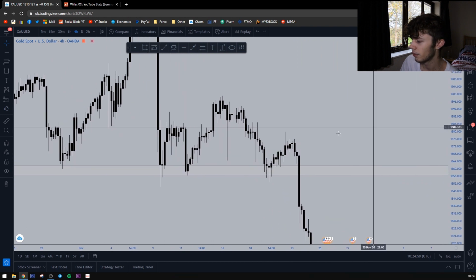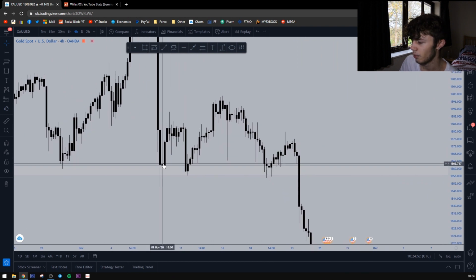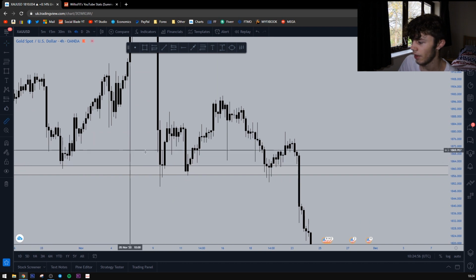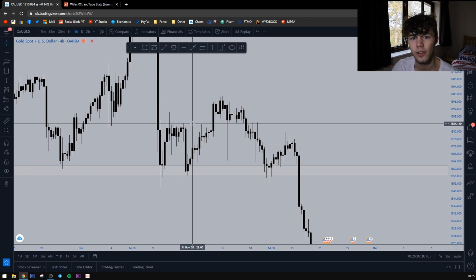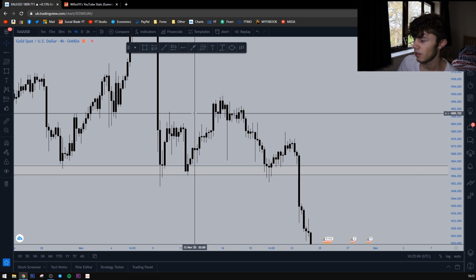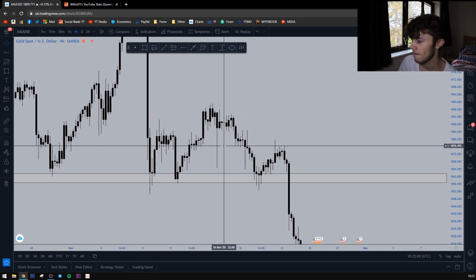As you see, we had a nice indecisive reversal candle here, and then gold actually pushed 220 pips to the upside. So this support was a good area of reversal after a bearish move. You'd see a bullish impulsive move afterwards.